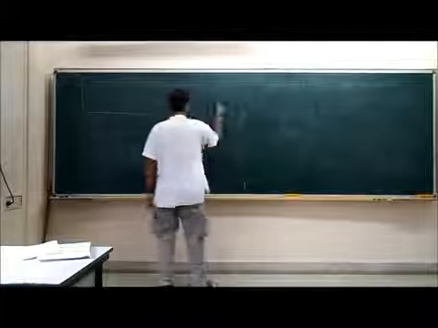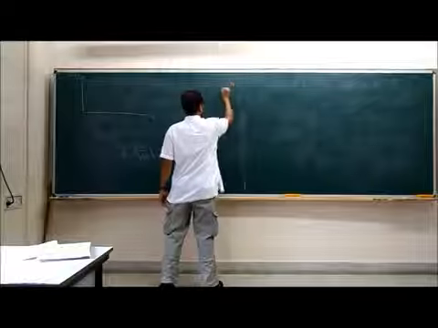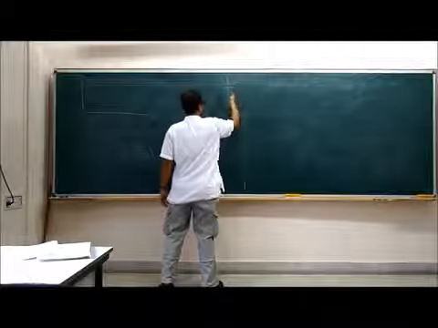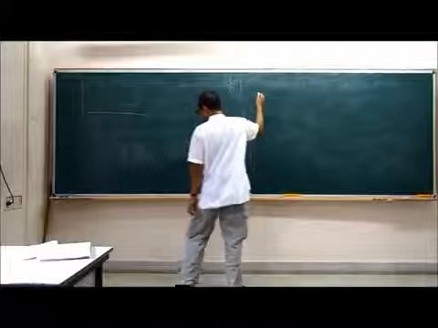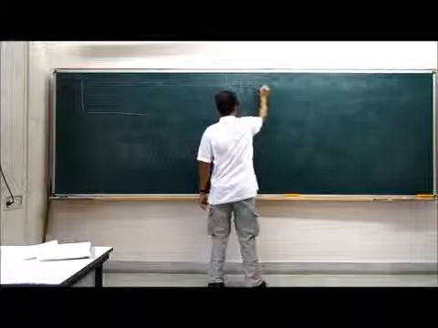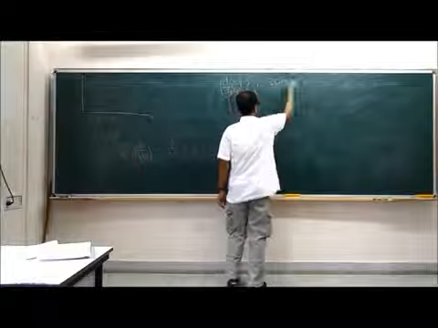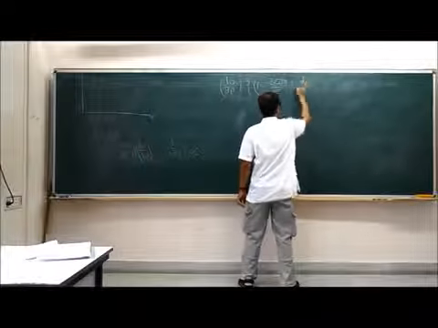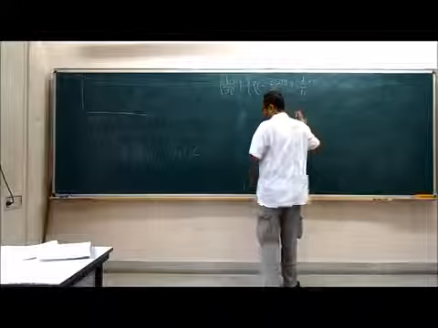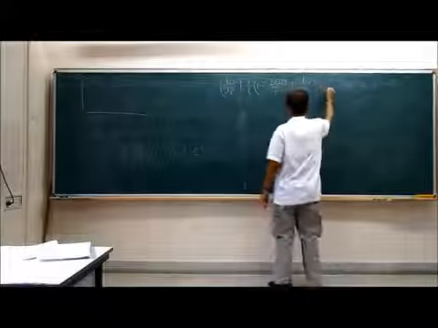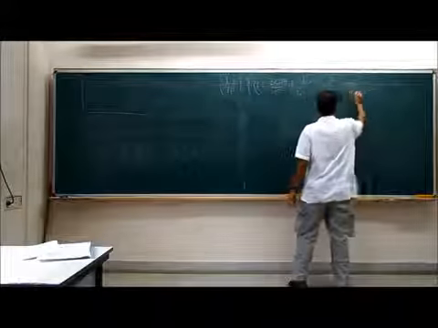So this I can write as dv d rho times (1 minus 2GM over rho) dv d rho minus 2, and let it be equal to 0.